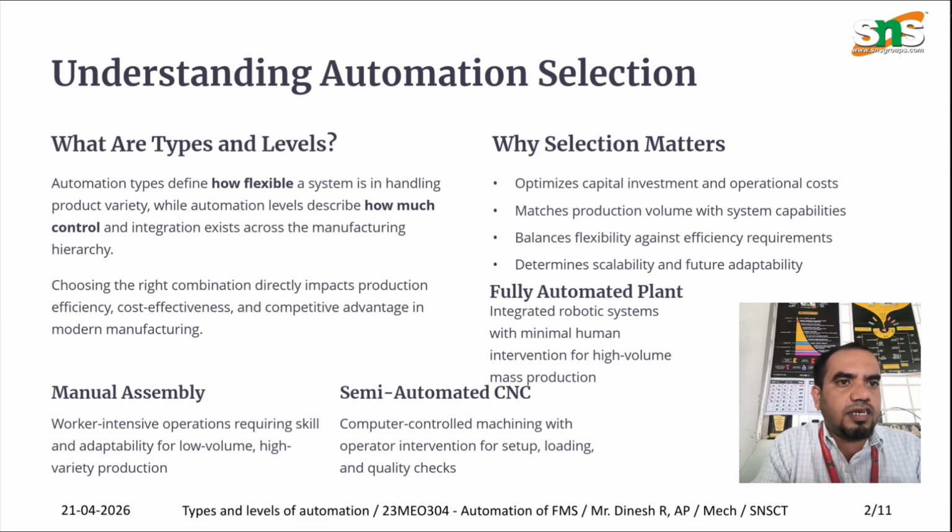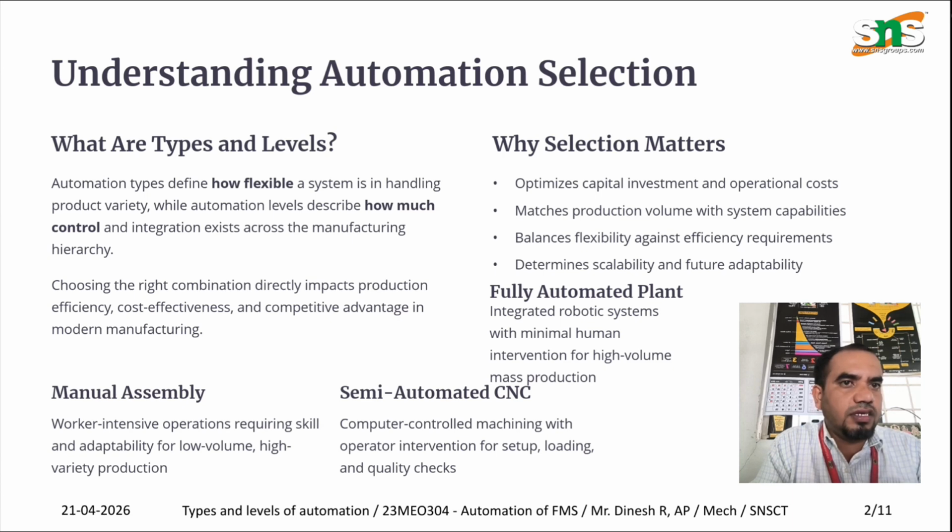When it comes to automation, the capital investment is a little higher compared to manual assembly, but in the long term it will lead to a decrease in operational cost.